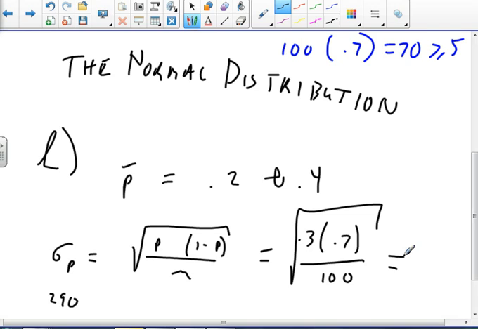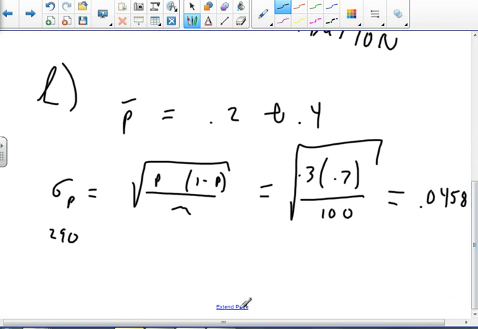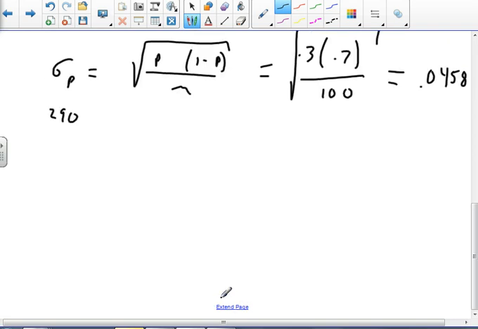Second function, square root, second function, answer. Boom. 0.0458. Okay. We want Z on the upper end. We want Z on the lower end.